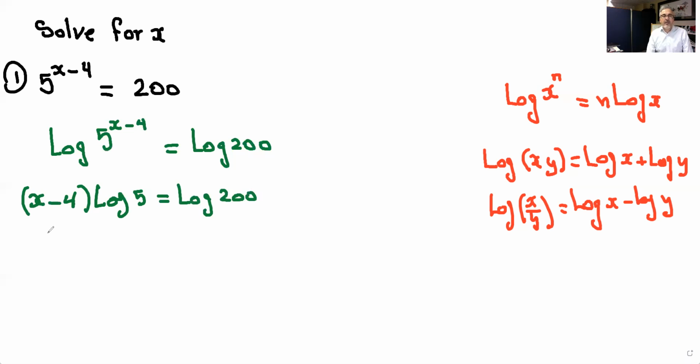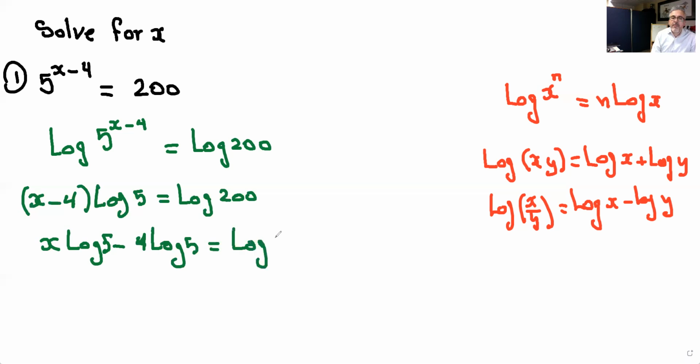Then there are two things you could do. You could just distribute your log 5 into here, into there. So you have x log 5 minus 4 log 5 equals log 200.